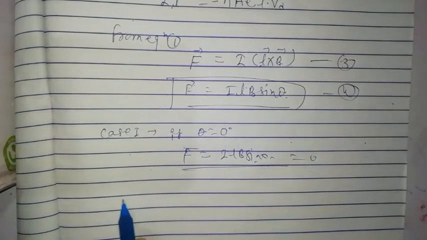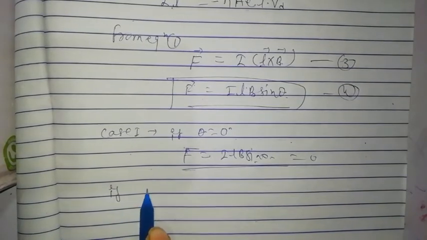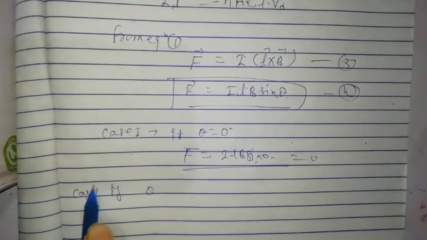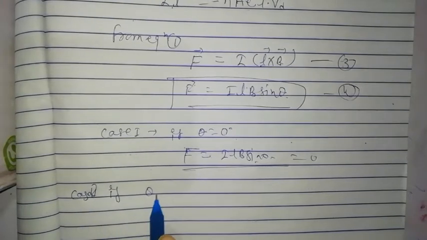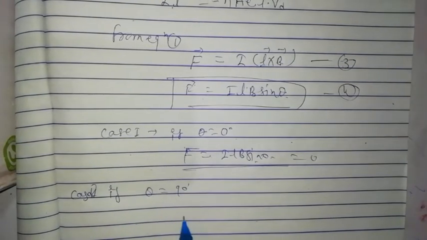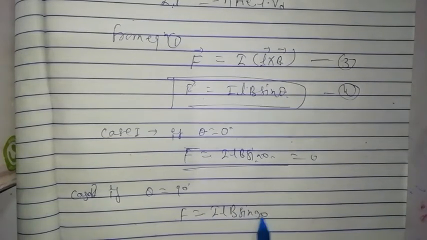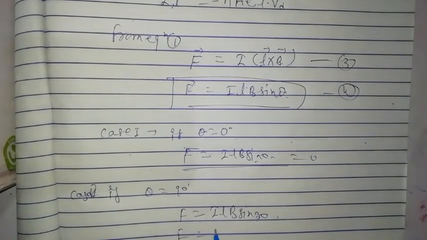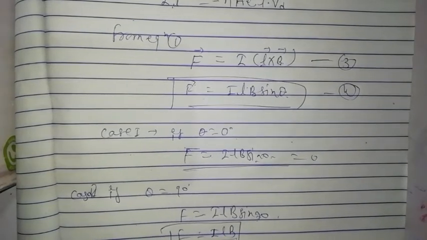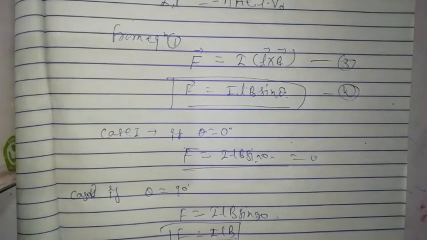And second, if theta is equal to 90 degrees, then F is equal to I l B sin 90, which is 1, so F is equal to I l B. It is the maximum.